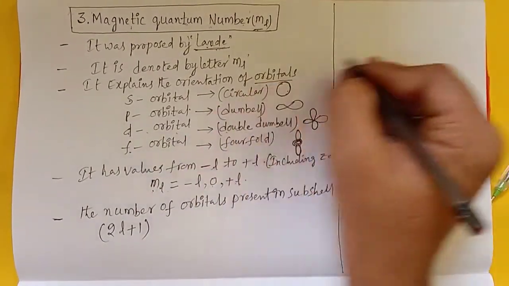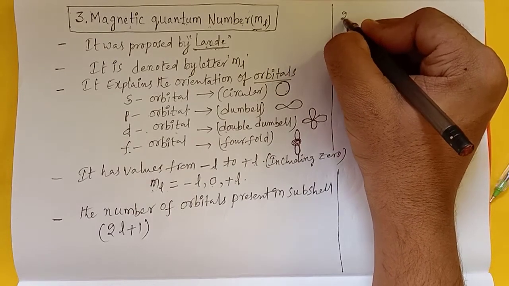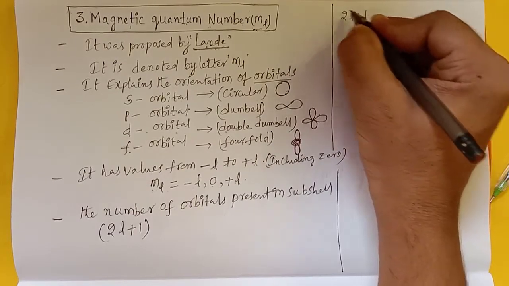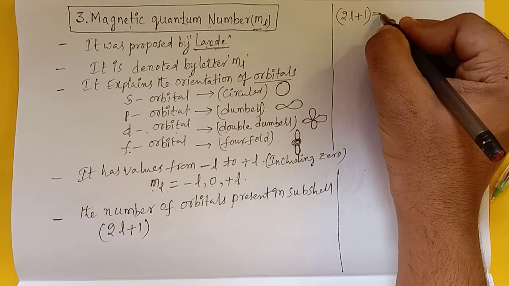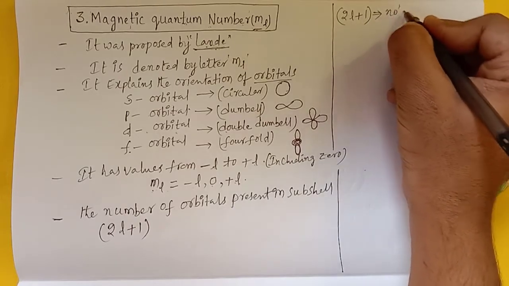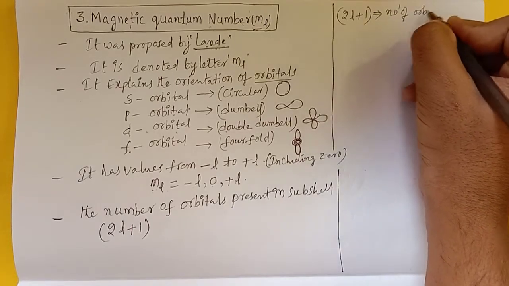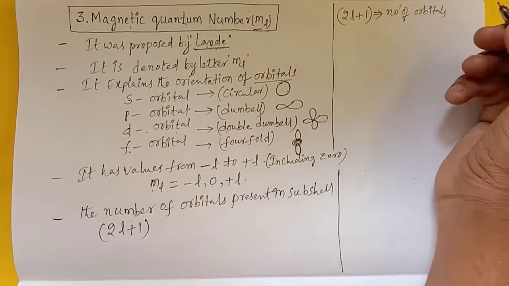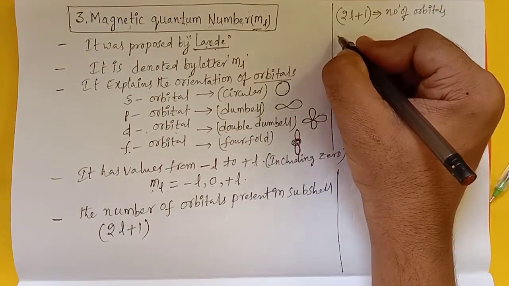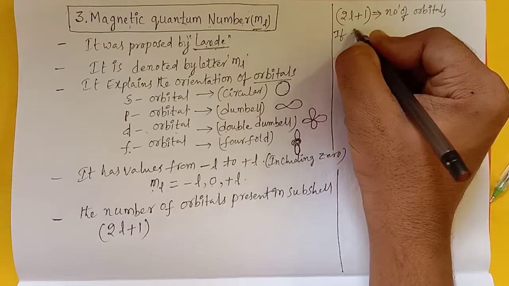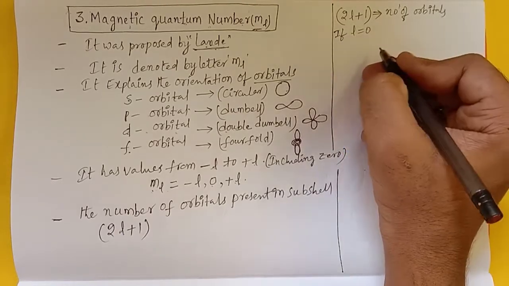By taking this formula, we can calculate the number of orbitals. Let us suppose L equals 0.